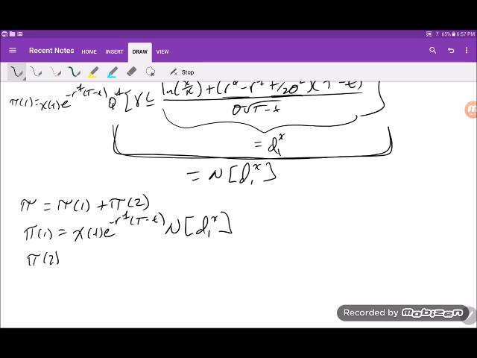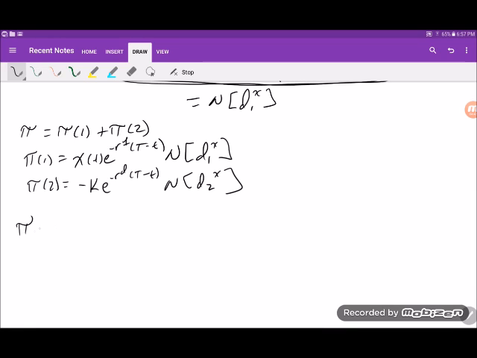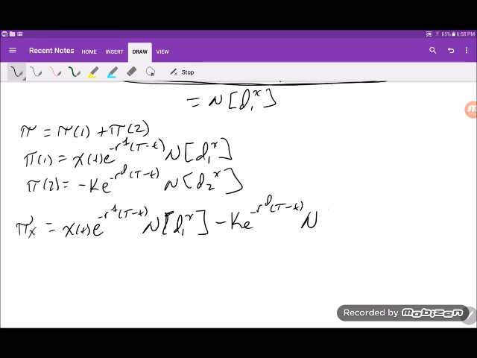And we figured out that pi 2 was equal to negative strike discounted at the domestic rate times N of d2. So bringing it all together, we have pi of x is equal to the initial value discounted at the foreign rate times N of d1 of x, minus K discounted at the domestic rate times N of d2.